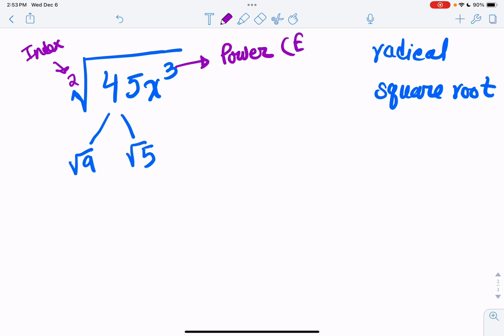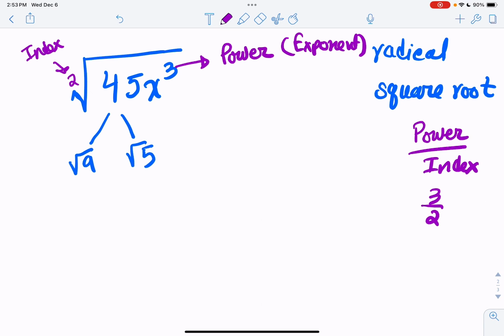We also call it an exponent. There is a rule to rewrite these exponents with a radical. We call it power over index. So if I want to simplify it, I ask myself, I have 3 over 2. I want to break it evenly.